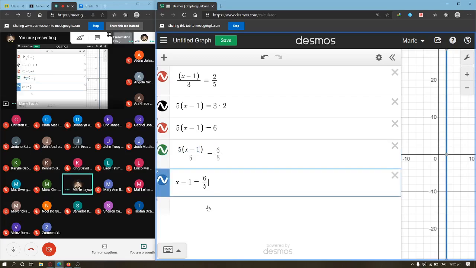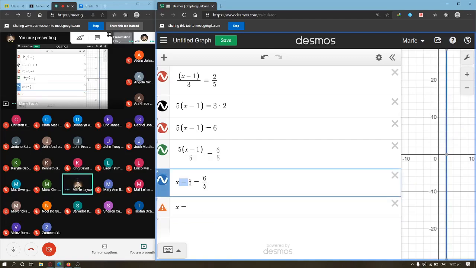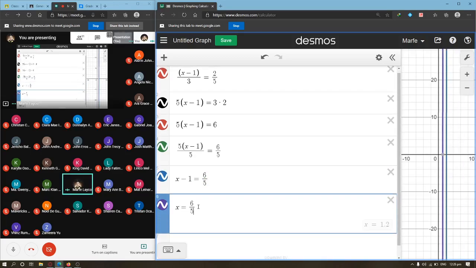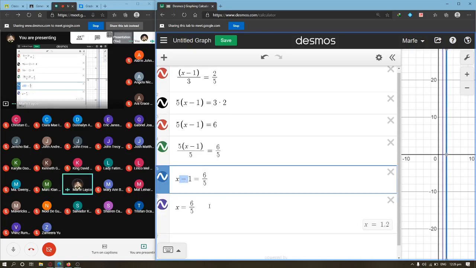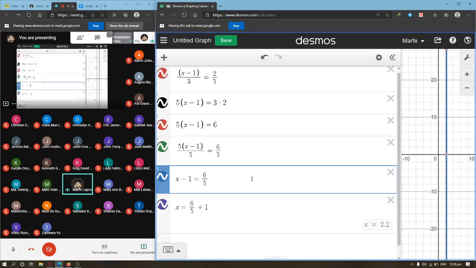Ganun lang siya. So, simplify natin yan. X is equal to, since ang negative 1 is constant, and yung 6 over 5 natin is also a constant, 6 over 5 from subtraction, magiging siyang positive. So, plus 1.